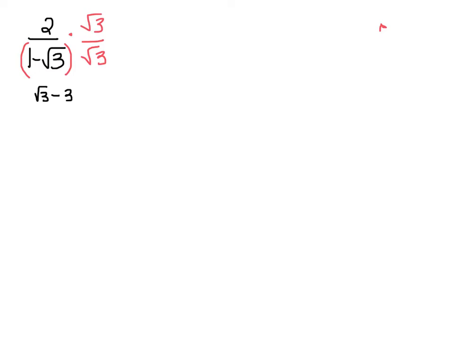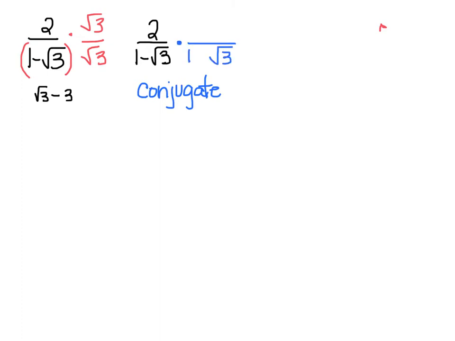Did I get rid of the square root in the denominator? No, there it is, right there. So this is not going to work. We're going to multiply by something called the conjugate. A conjugate is going to be 1 and square root of 3 will stay the same, but that's going to be a plus.